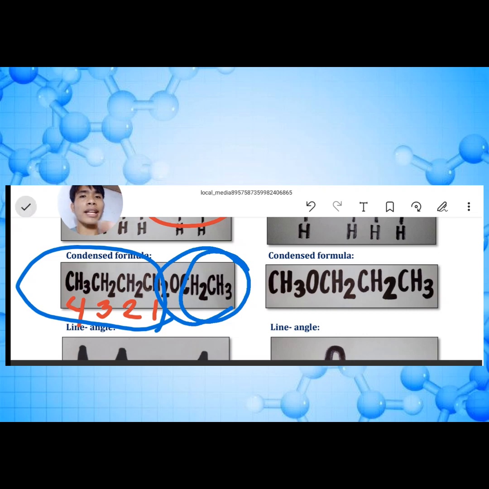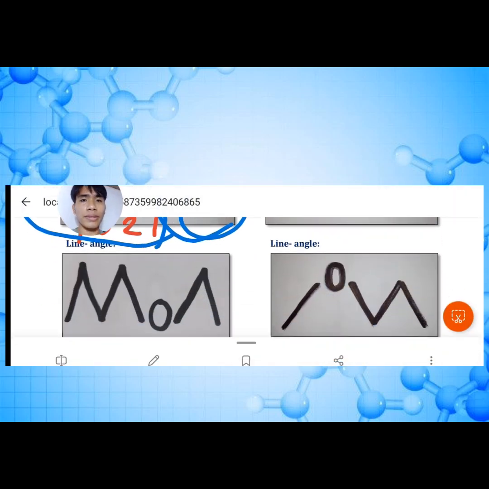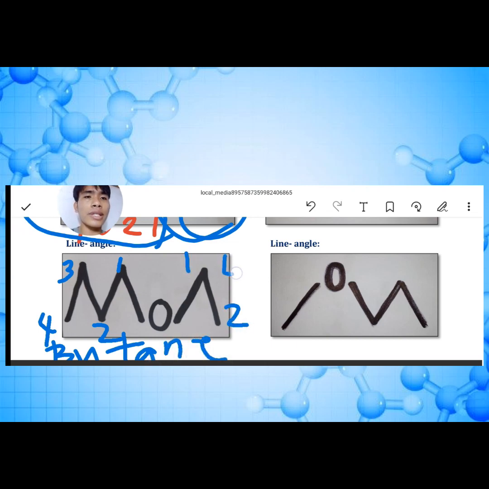So in the line angle formula, this is 1 carbon, 2 carbon, 3 carbon, and 4 carbon, which is the butane, and there 1 carbon, 2 carbon, which is the ethyl or the ethoxy, as this is the oxygen substituent.